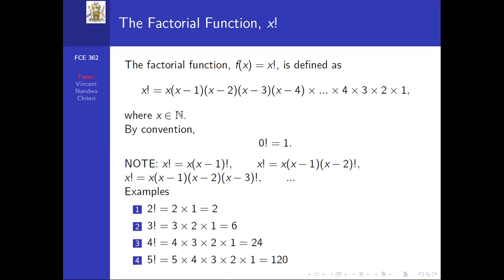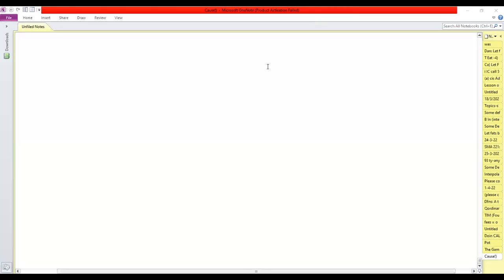For example, if you are asked to simplify 100 factorial over 98 factorial, you do not have to multiply 100 by 99 up to 1 and divide by 98 times 97 up to 1.